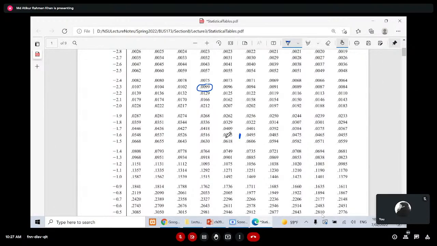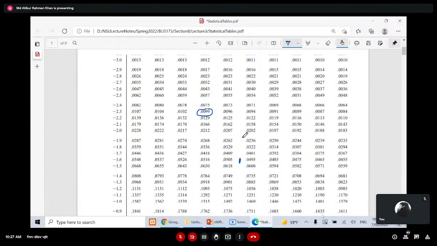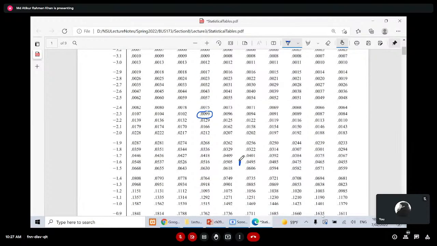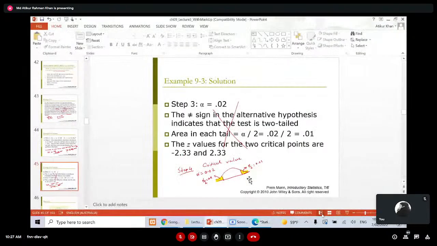If you look at 0.05, the difference between this one and 0.05 and this one is the same. So you can come between the two. So minus 1.645. That is how you will find in many places. When alpha by 2 equal to 0.05, then we use minus 1.645. Okay, so for this one, we are using 2.33.